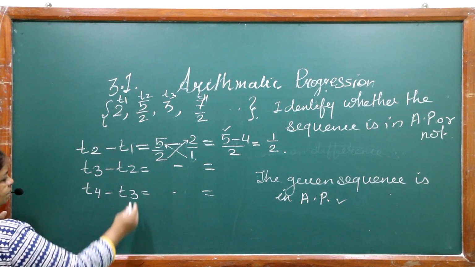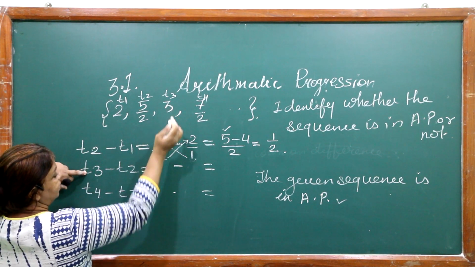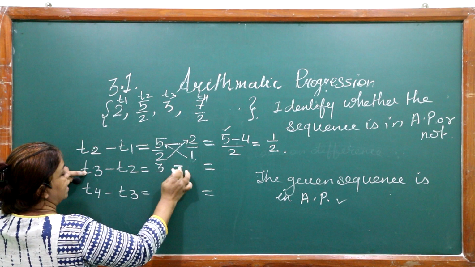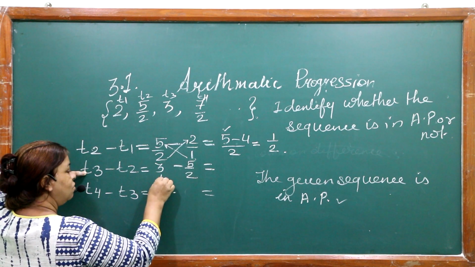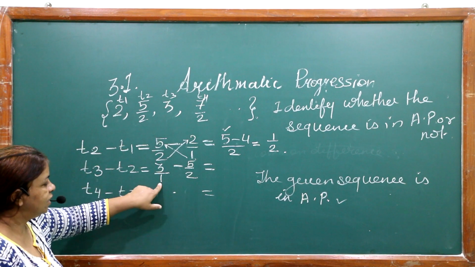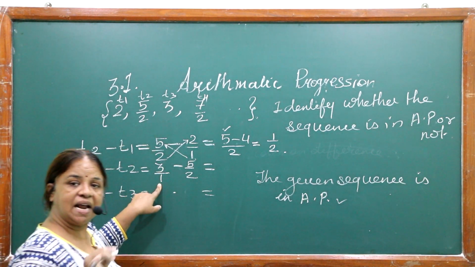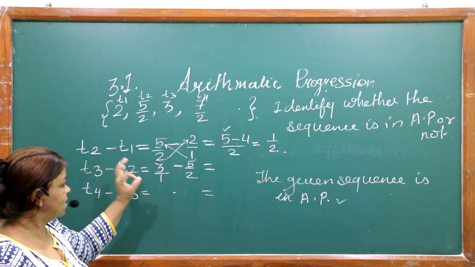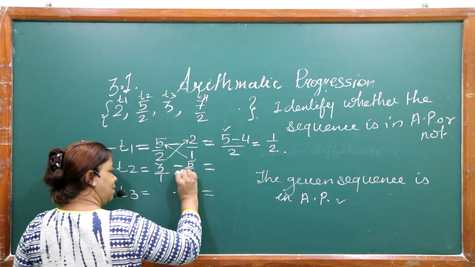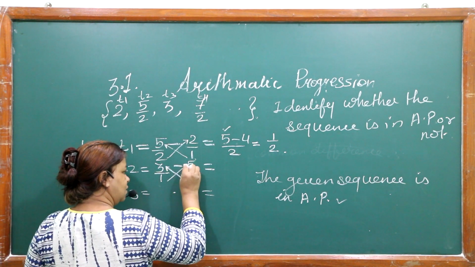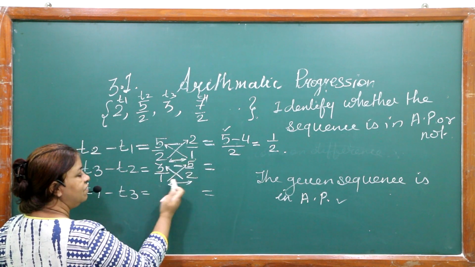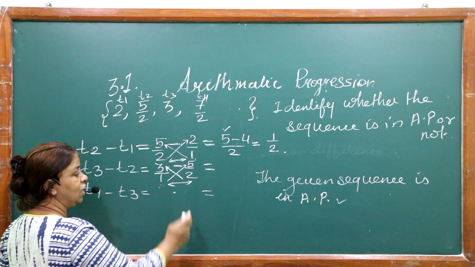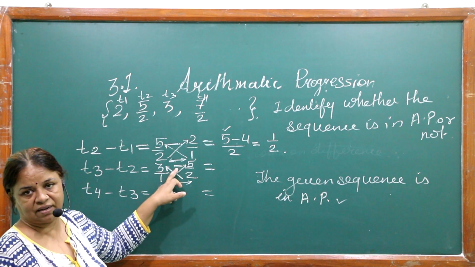Similarly over here, term 3 is 3 minus term 2 is 5 by 2 upon 1. If there is no denominator, every number has a denominator, that is 1. So multiply cross. This arrow indicates that the numerator and denominator get multiplied with one another because in the middle minus is there.